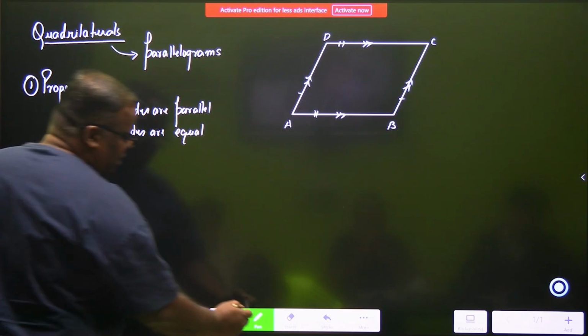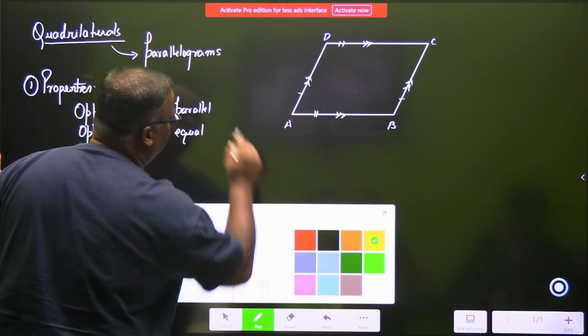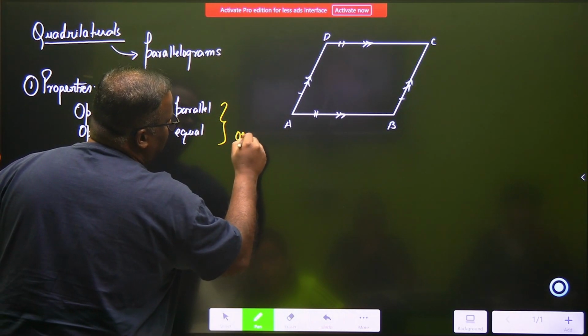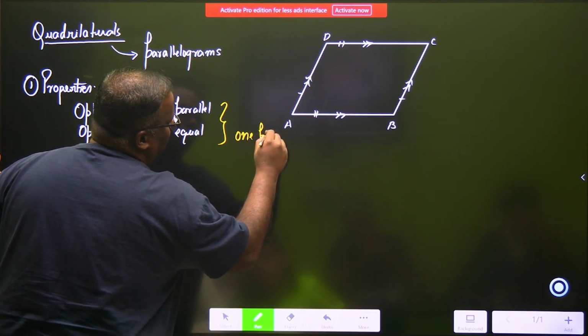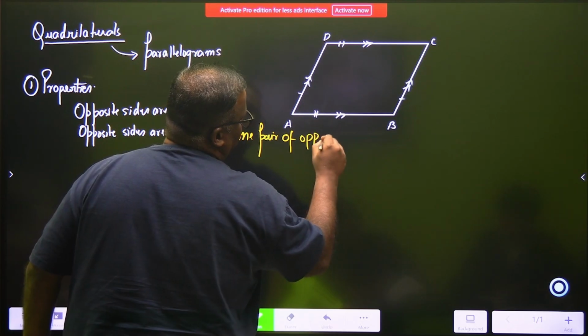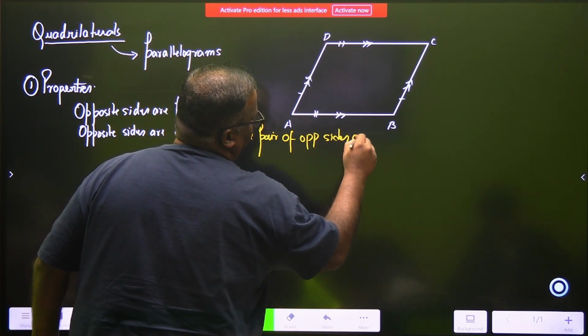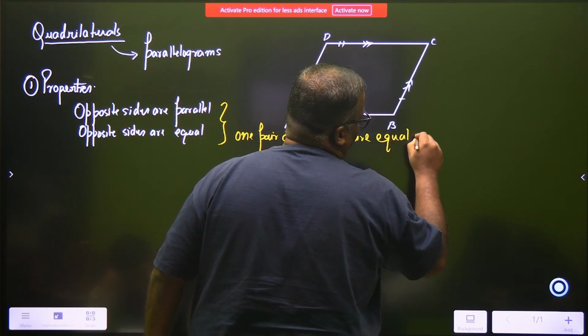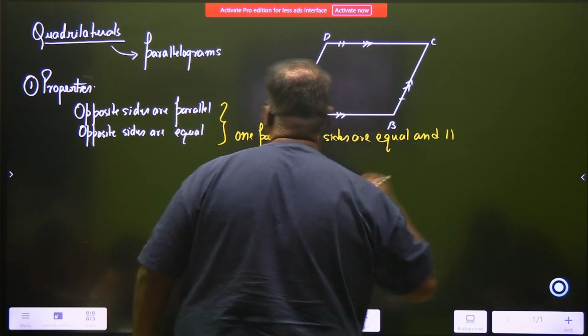However, there is a juice that you can extract from these two, and that juice will be known as: one pair of opposite sides are equal and parallel.